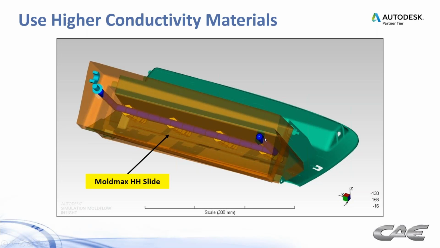If we were to eliminate that cooling channel and try to just pull heat out with the MoldMax piece itself, what you'd end up with is a MoldMax piece that just heats up very quickly. So you always have to have cooling in the MoldMax or any other high conductivity insert when you choose to use one.